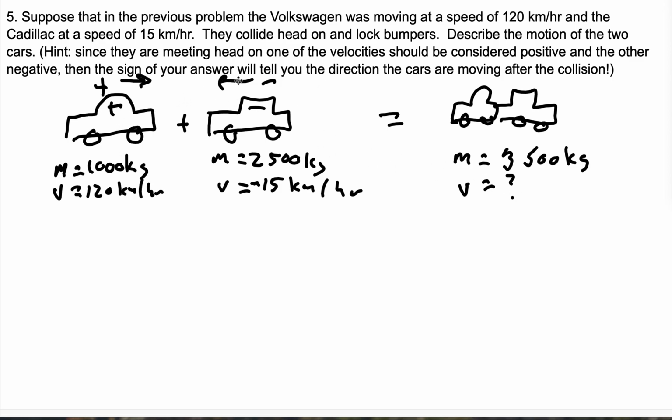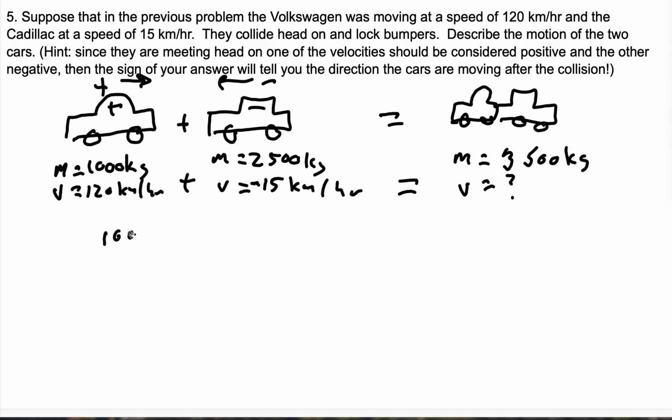If it comes out negative, it means they'll be moving to the left. But in all of these problems, I'm just going to look at my picture, and say, the m times v for this plus the m times v for this has to equal the m times v for this. So the momentum of all of the things before they collide has to equal the momentum of all of the things after they collide.